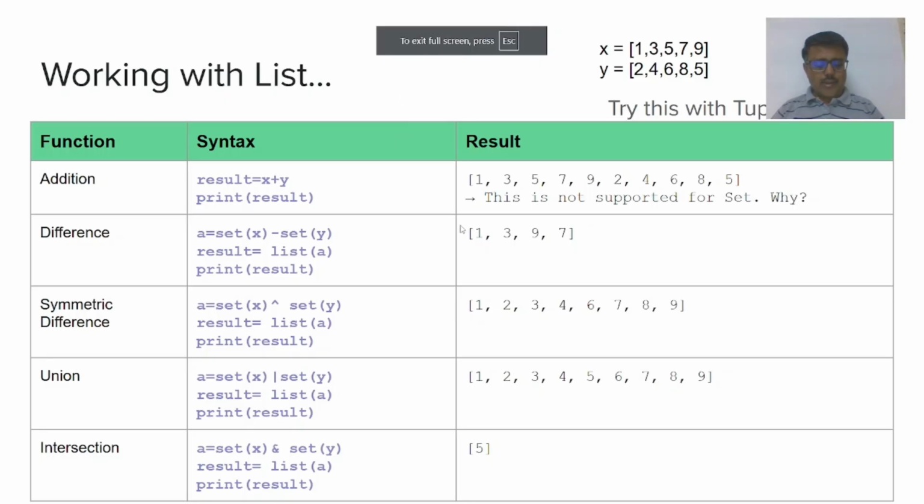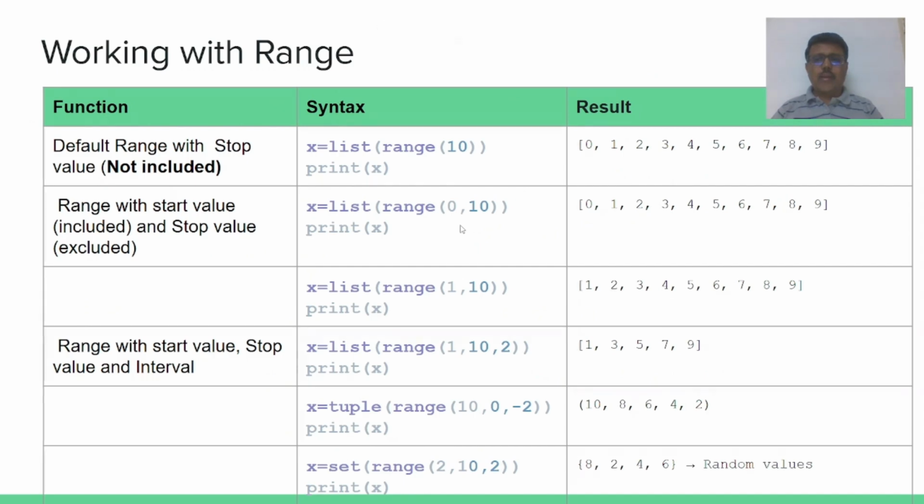Okay. Now let's go to the next item. The last one is nothing but the range. We will just go through what a range is. Please note that a range is not a data type. It only facilitates how to generate a set of values. For example, I just want to have 10 values like 1, 2, 3, 4, 5, 6, 7, 8, 9, 10.